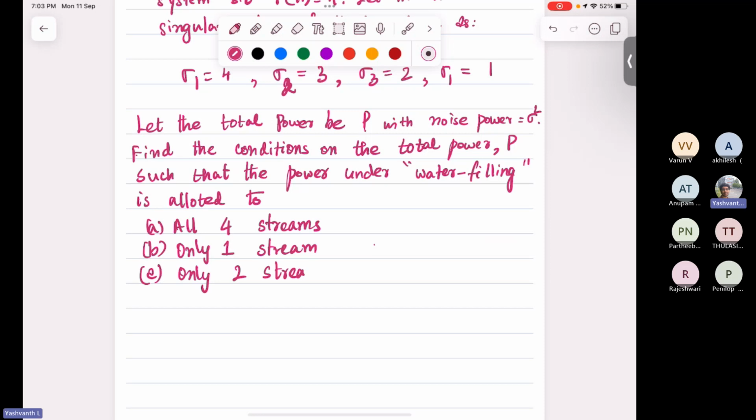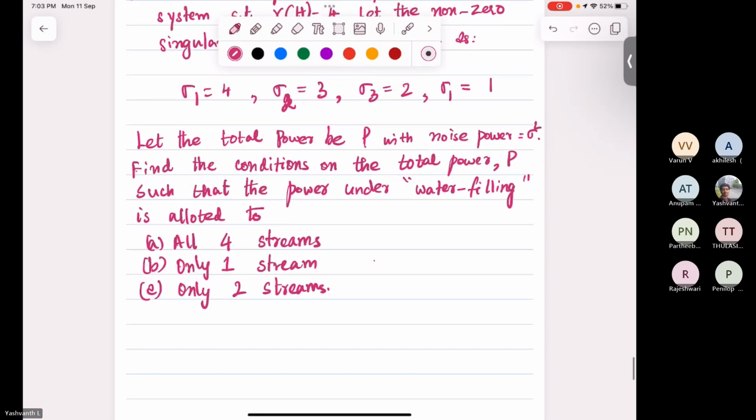You understand the question? So basically, how much power P should I put so that in one case, all 4 streams will get some power. In the second case, only one stream will get the power. In the third case, only 2 streams will get the power.